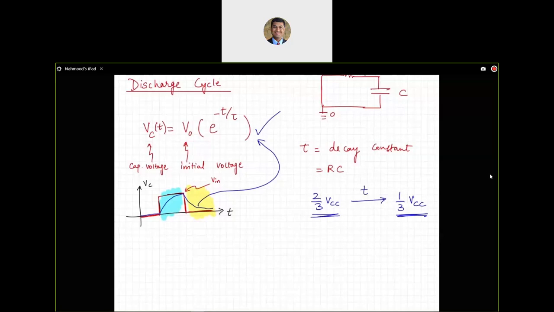For the voltage across the capacitor, 1/3 VCC equals the initial voltage 2/3 VCC times e to the negative t over RC. I solve for t, and it will come out exactly the same: natural log of 2 multiplied by RC.